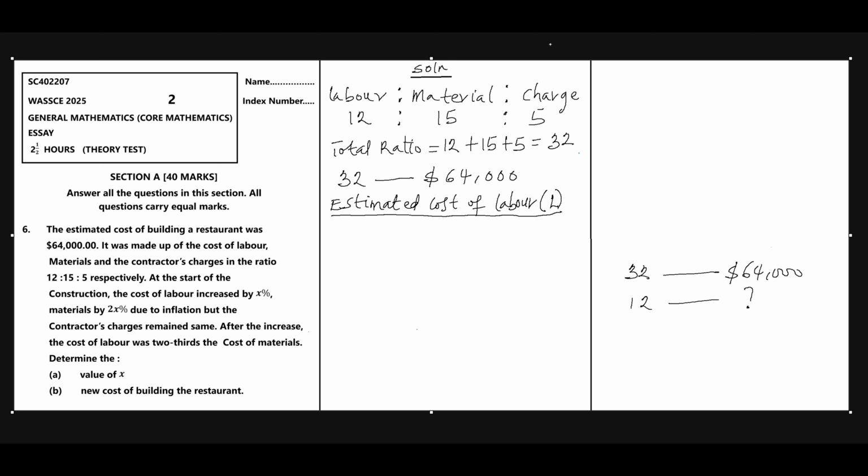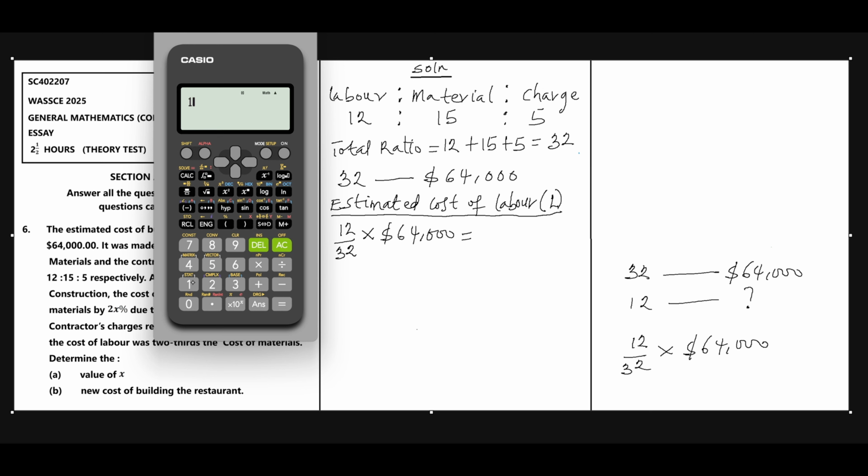To calculate that, that will be 12 out of 32 multiplied by $64,000. That will be the cost of labor.